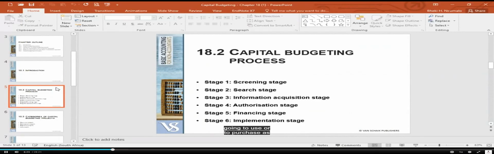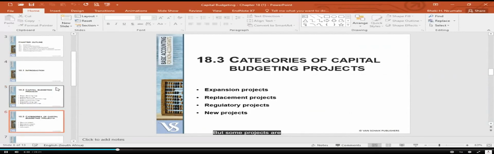Also, projects are classified in certain categories, whether the company is expanding. So in other words, we are opening branches to other areas or other townships, or we go to other provinces, or even in other countries, African countries or other countries.